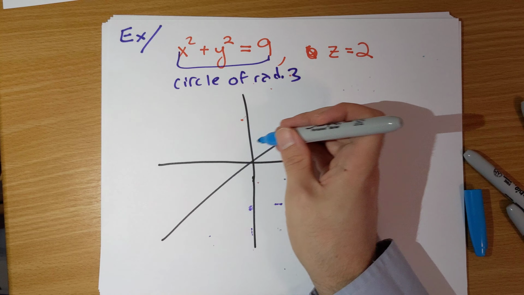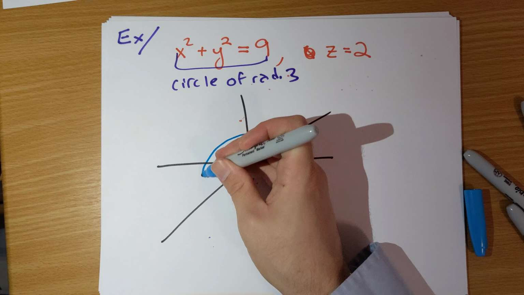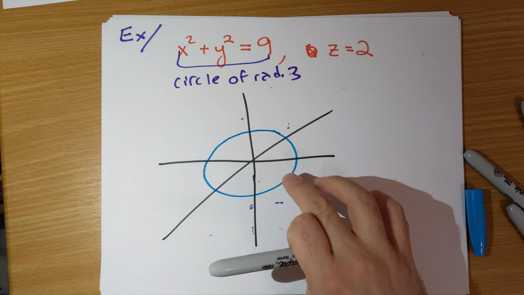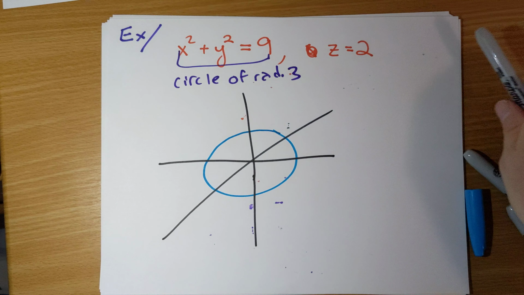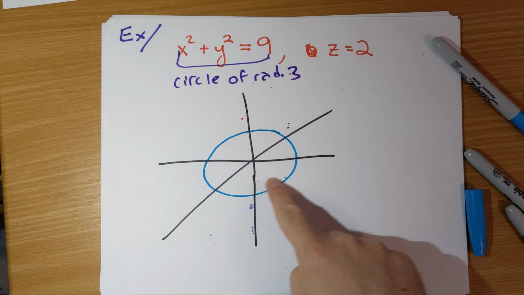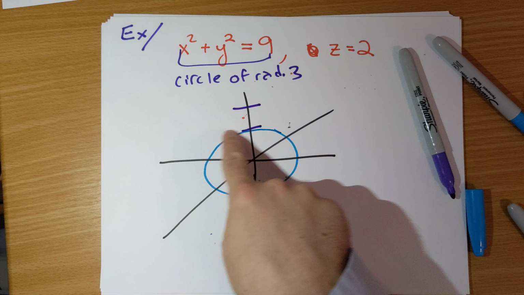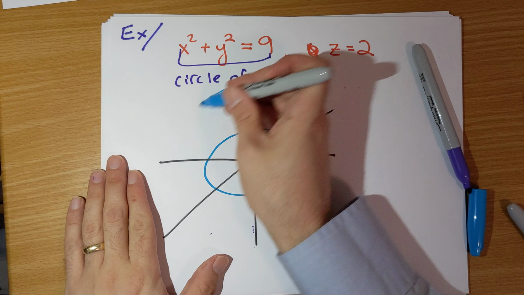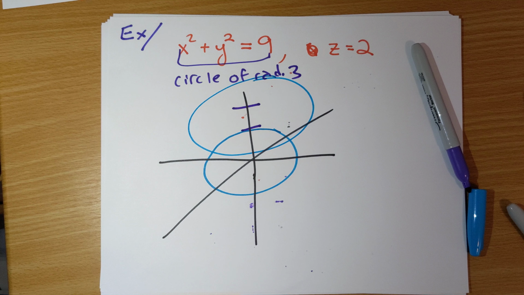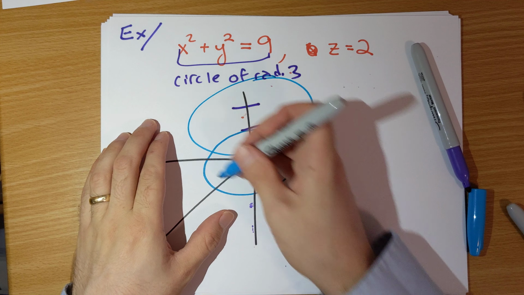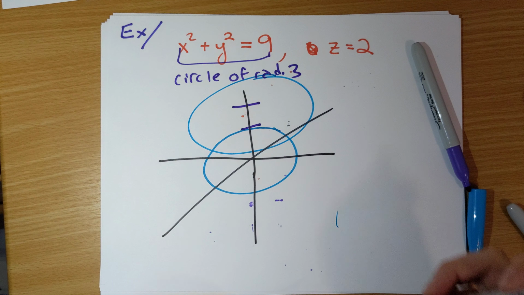So let me draw a circle of radius 3 in the xy plane, but we don't want this. This would be x squared plus y squared is equal to 9, z is equal to 0. But we want z is equal to 2 up here. So take this circle and shift it 2 units up.